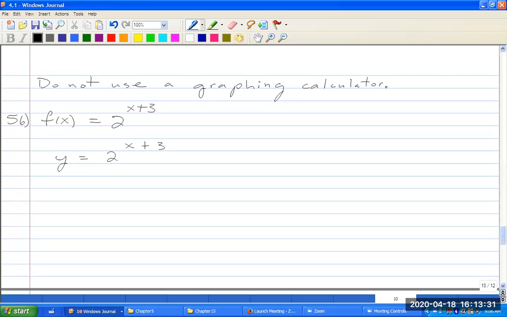And so this looks like a translation of y equaling 2 to the x, where I've replaced x here by x plus 3. Since we're adding 3, that means I'll be going in the negative x direction 3 units. So I'm going to translate this by 3 units to the left.